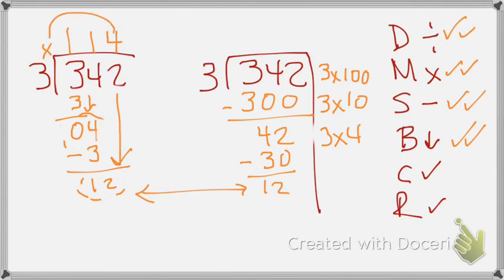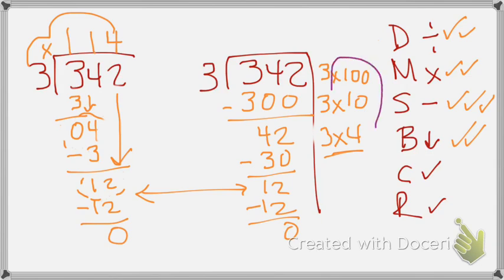So 4 times 3 is 12. And then over here, 3 times 4 is 12. And then our subtract leaves us with 0. So my total quotient will equal 114, just as it did on the algorithm side. So that's what it looks like versus partial quotients.